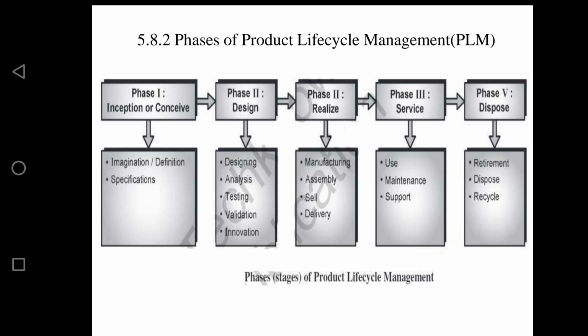Since you are using different techniques, you will have different innovations in the product, so product life cycle management brings product innovation and faster time to market. If you manufacture with lesser cost, higher productivity and lesser time, the product reaches the market faster.